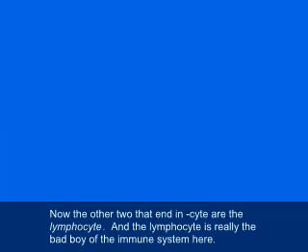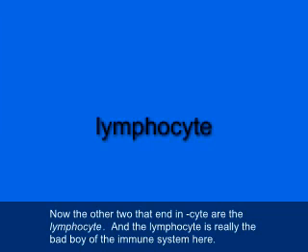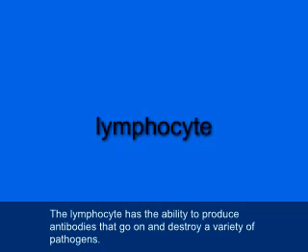Now, the other two that end in "cyte" are the lymphocyte, and the lymphocyte is really the bad boy of the immune system here. The lymphocyte has the ability to produce antibodies that can go on and destroy a variety of pathogens.